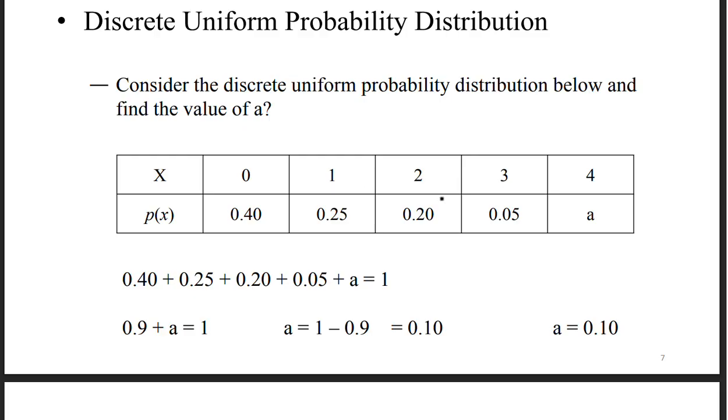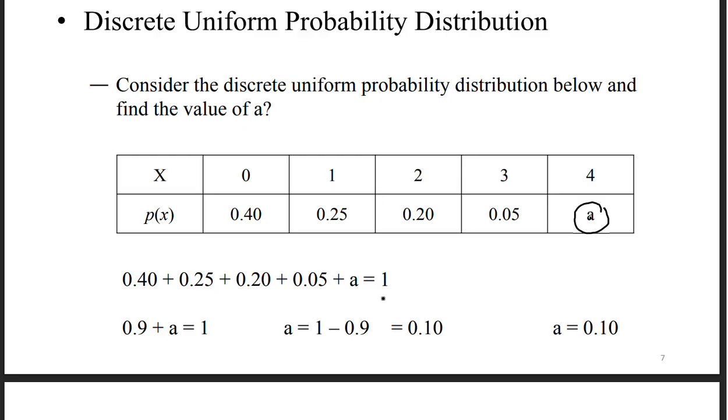For discrete uniform probability distributions, what we hope to say is that for the different values of that specific random variable, the addition of their probabilities should always be equal to 1. So if we already know the probability distribution for these, and we want to know what probability will be assigned to A, the sum of these probabilities should be equal to 1.